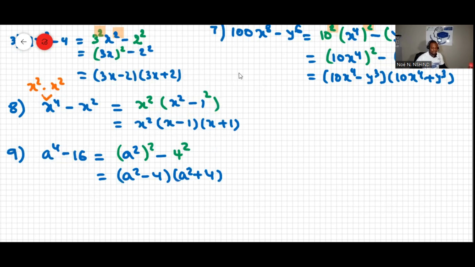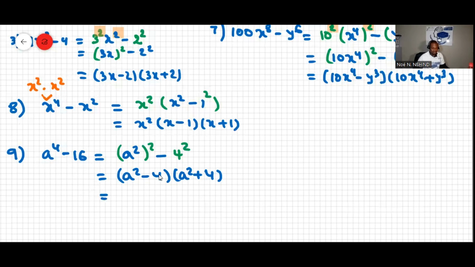Here we have a difference of two squares, a squared to the power of 2 is a square, and this is also a square. So we say a squared minus 4, a squared plus 4. And then we're done. We're not done, because here we can still factorize this, because the variable a is raised to the power of 2, is squared, and 4 is also a square number. So we can continue factorizing this.